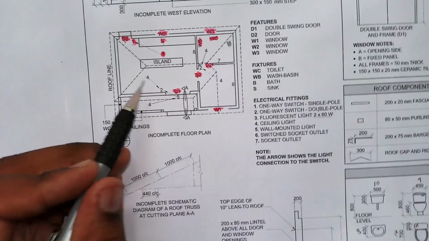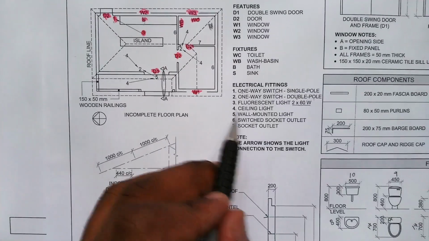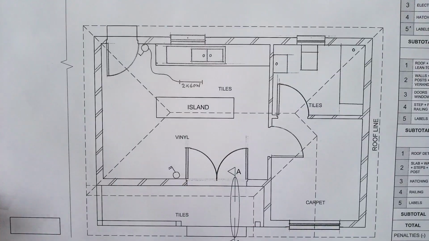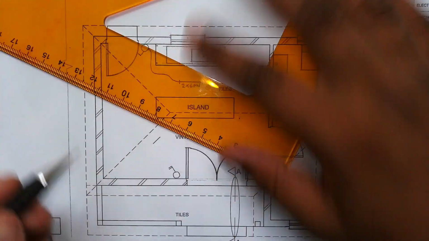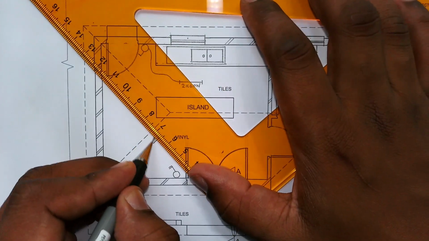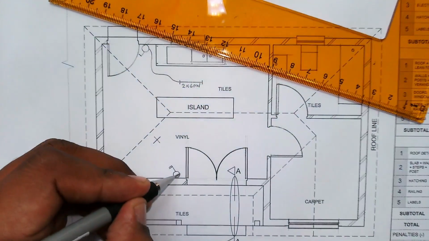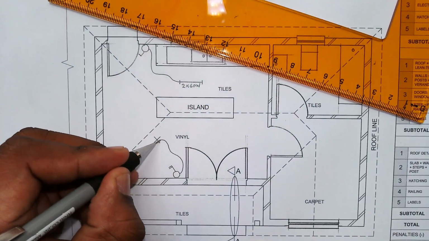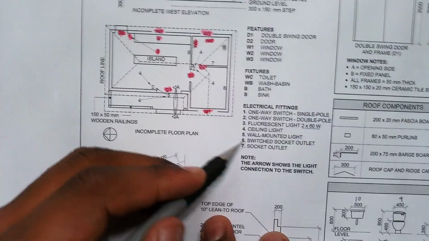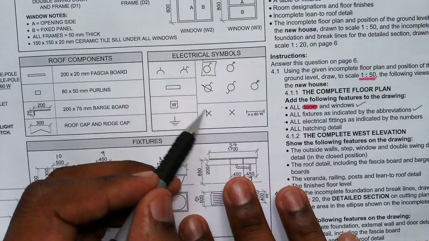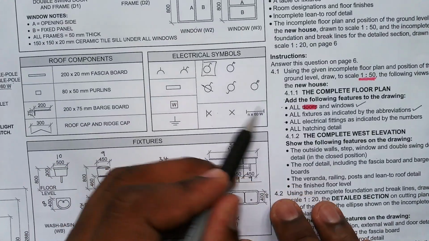So I'll have to add number 4. Number 4 is the ceiling light. The ceiling light is just a cross, so I'll add a cross there. And then draw a neat wavy line there. Then we have number 5. Number 5 is the wall mounted light. That light is this one here. This is the ceiling light. This is the fluorescent light.